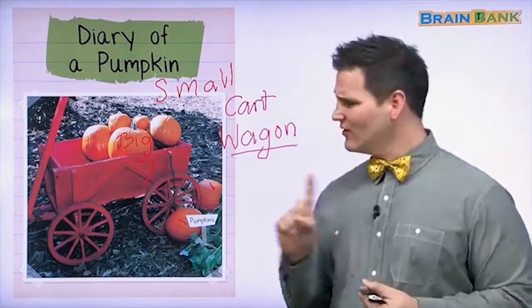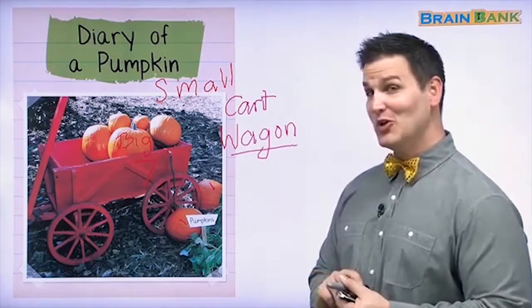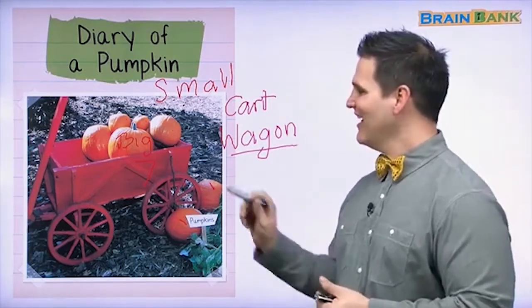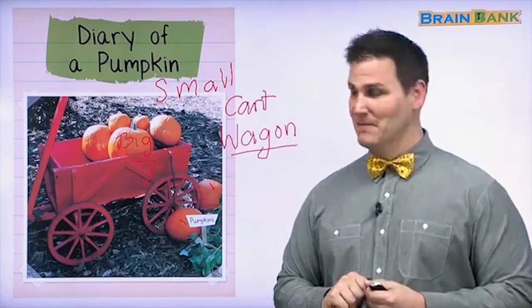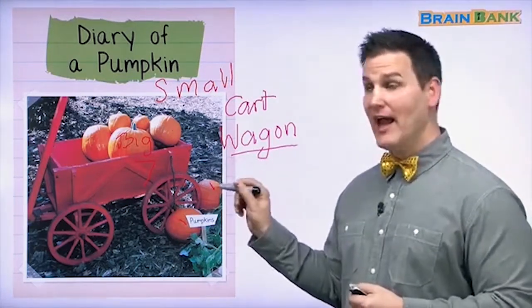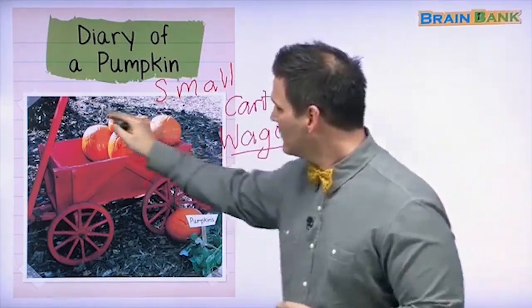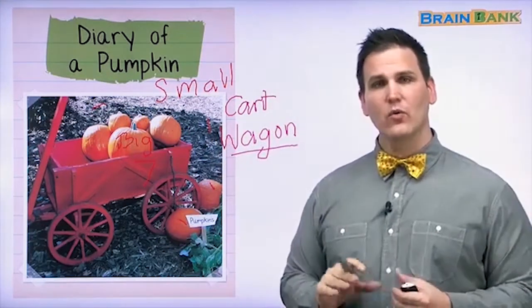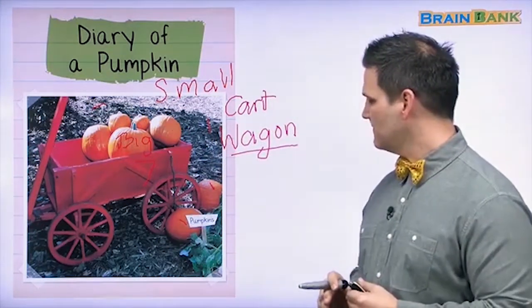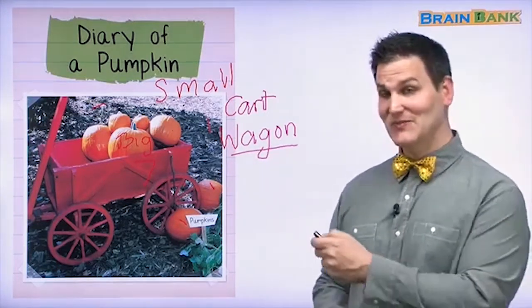What color is this wagon? Blue? No. This is a red wagon. And this wagon has many pumpkins in it. Now, can you see here? Looks like some wood chips. Okay, let's look at the next page.